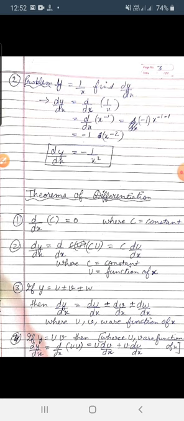It is possible only if u, v and w are functions of x. If they are not functions of x, then the answer is 0. So guys, understand this. If u, v and w are functions of x, then dy by dx is equal to du by dx plus dv by dx plus dw by dx, and it applies to subtraction also.